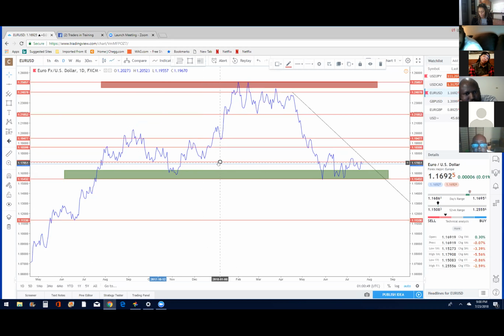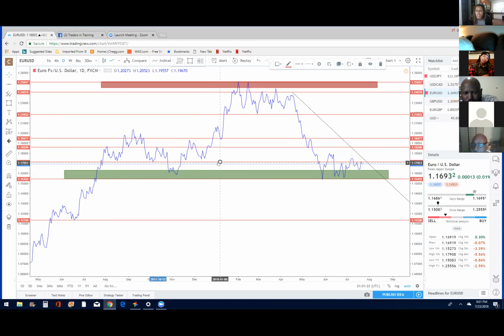So what if I use the same technique to draw my resistance lines and it's slightly off? Will that affect my entry? I know it's all about what I see, but would that throw my entry off? You said it doesn't have to be perfect, but is it okay so long as it's off just a few pips?